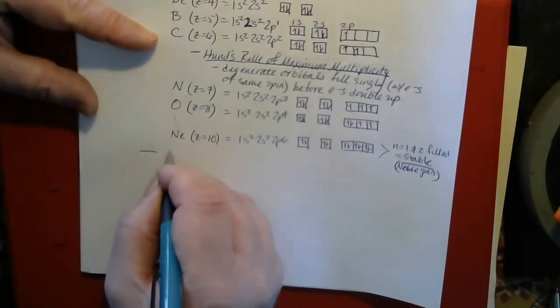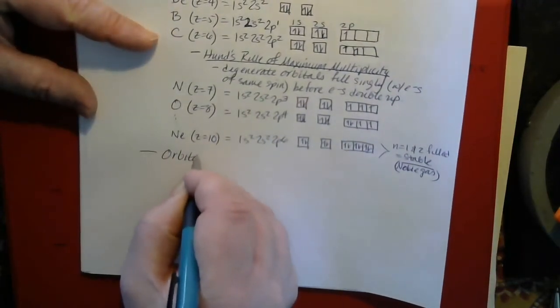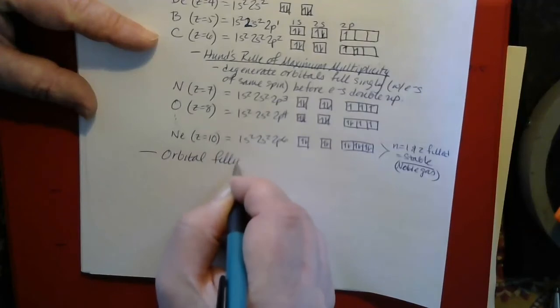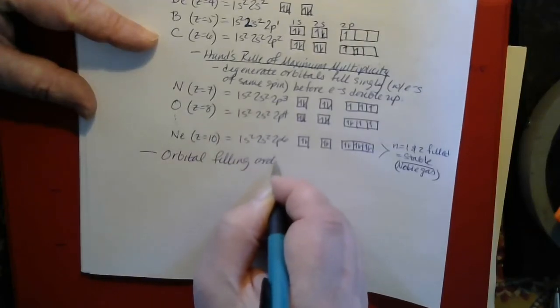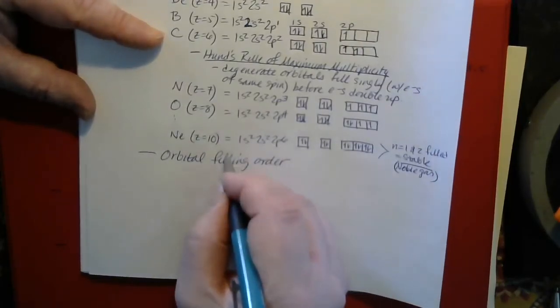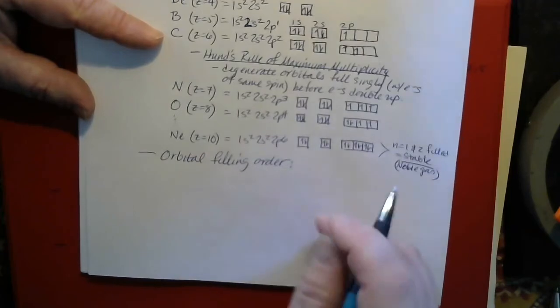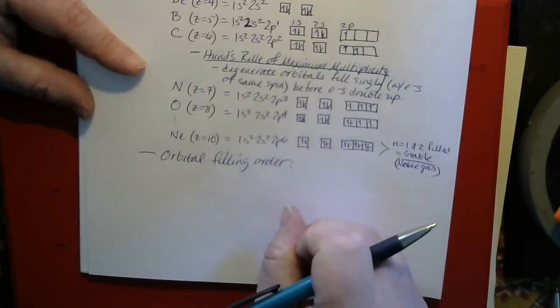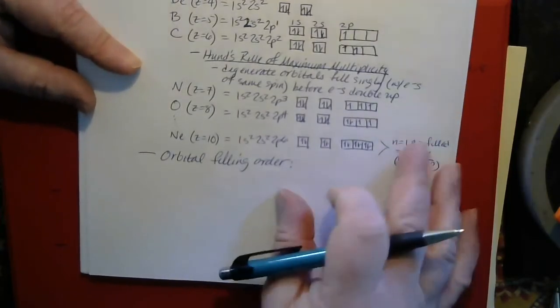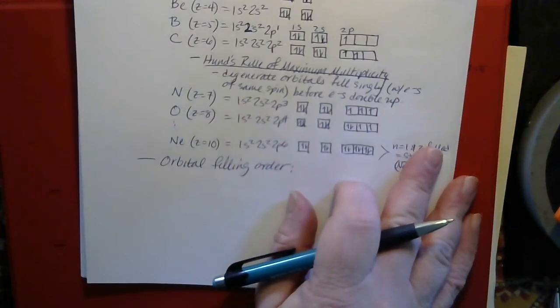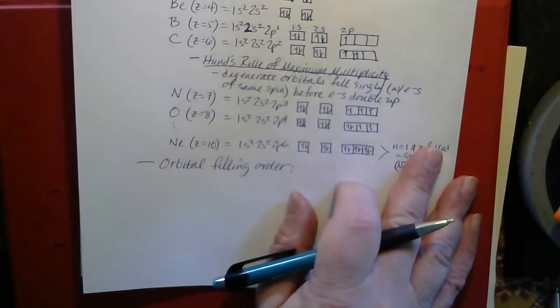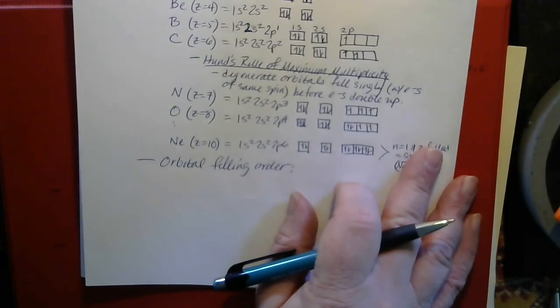The book lists out the orbital filling order because the orbitals don't always fill in the way that we would expect them to. As we saw with that diagram that showed the relative energies of the different orbitals, the orbitals don't always relate to each other in terms of energy the way we would expect them to.